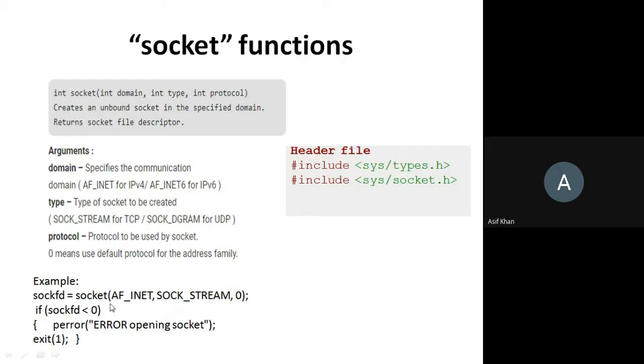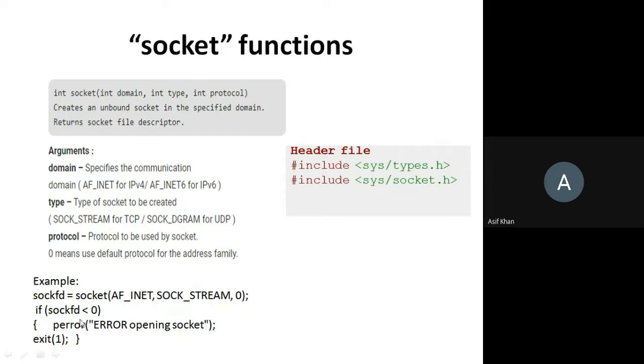This socket function also returns a positive integer on successful execution. That value is stored here in sockfd, and then you can check whether the endpoint was created successfully or not. If it is created successfully, this value should be positive. If there is some error, this value will be negative.